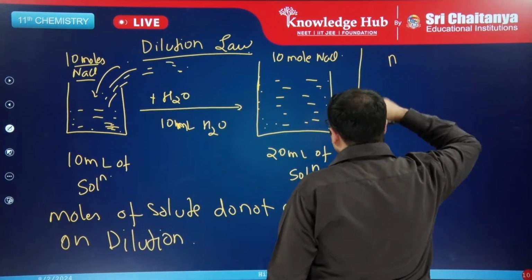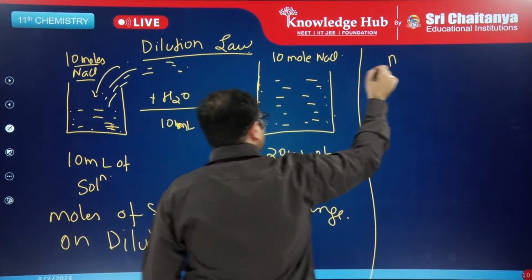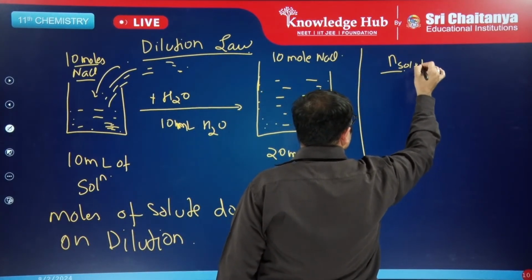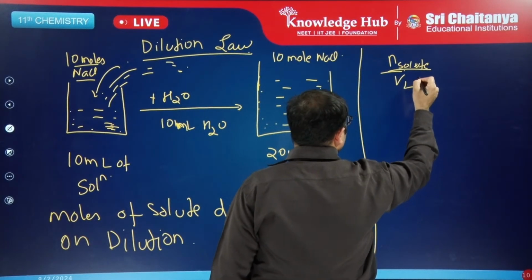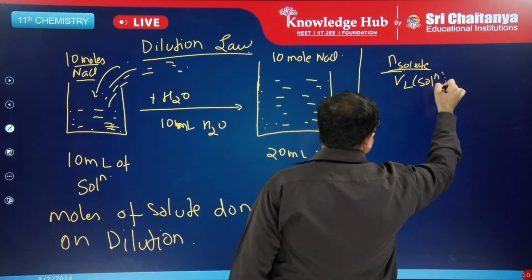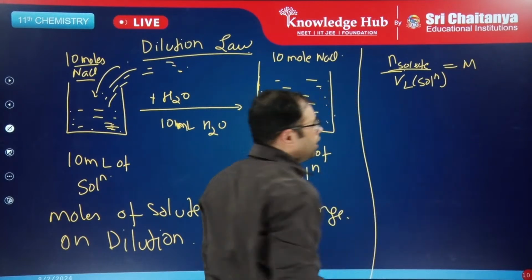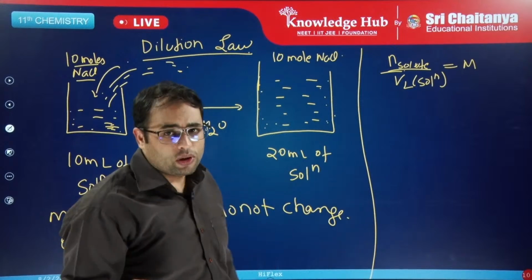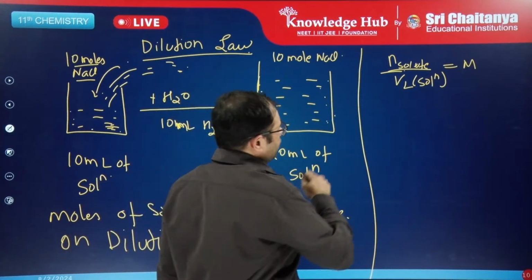Before I do that, let me tell you, see, moles of solute divided by volume of solution is your molarity, right? From this we are going to derive another formula to find the moles of solute.